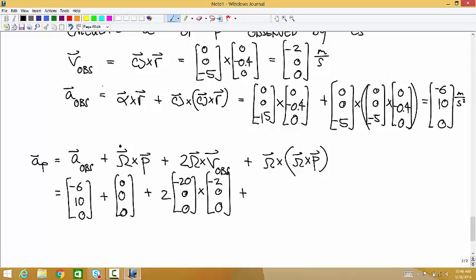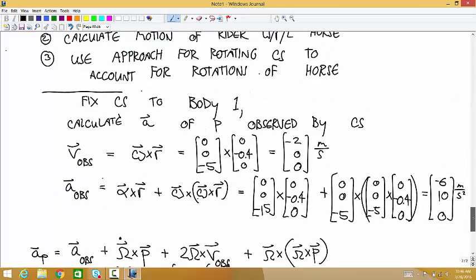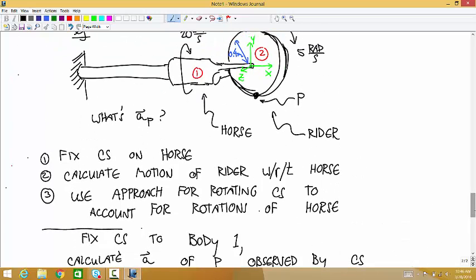Plus omega crossed with the quantity omega cross, and what's the p vector? The position vector?